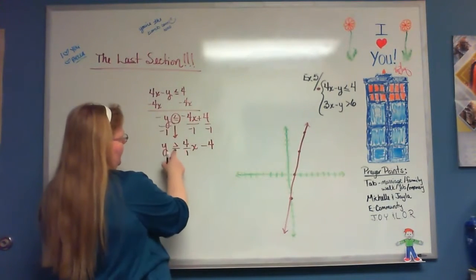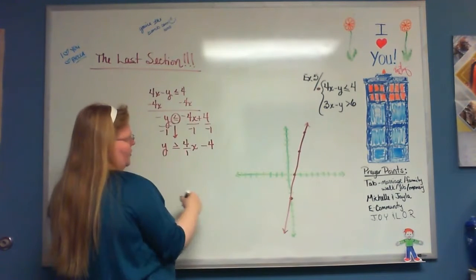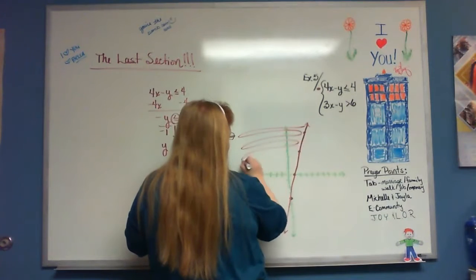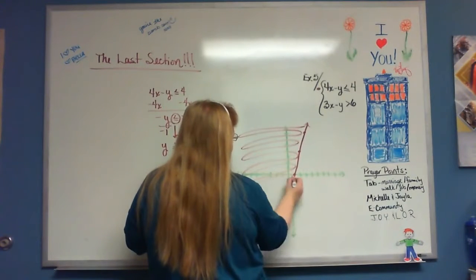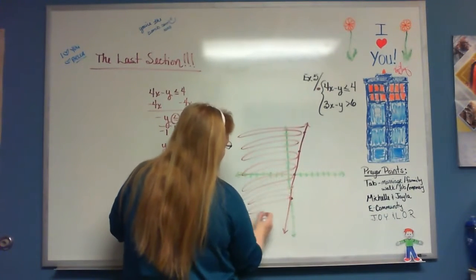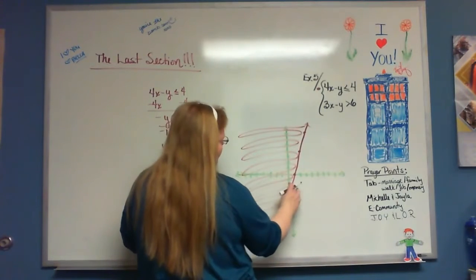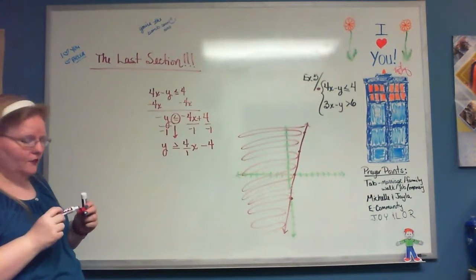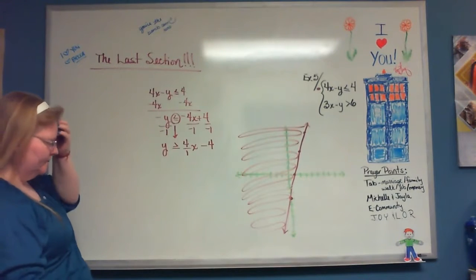Then I shade everything that is greater than or equal to, so that's all this stuff up here. Remember, you don't want a tight shade on it, because if you get it too tight of a shade on it, you won't be able to tell where your other lines are. You want to make sure you can see those for graphing the other side of it.